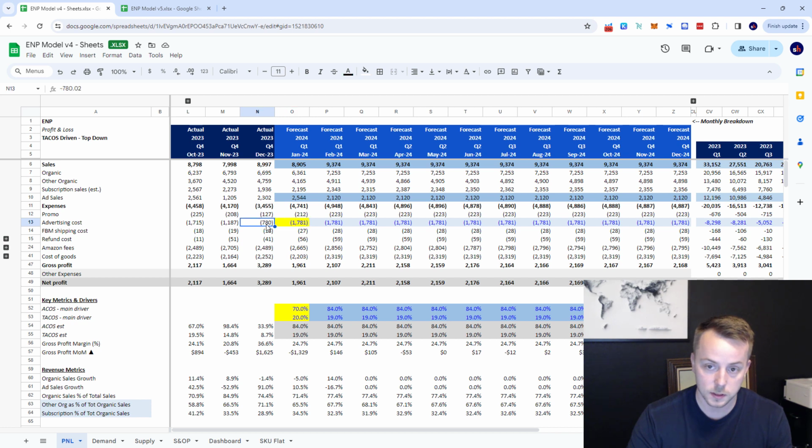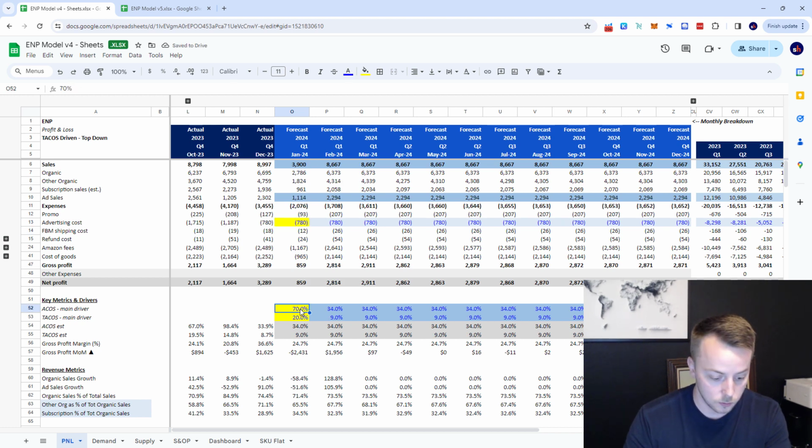Last month, $780 spend, with an ACoS of 33.9% and a TACoS of 8.7%. So we put those numbers in, and we adjust the ACoS to 33.9 and the TACoS to 8.7.